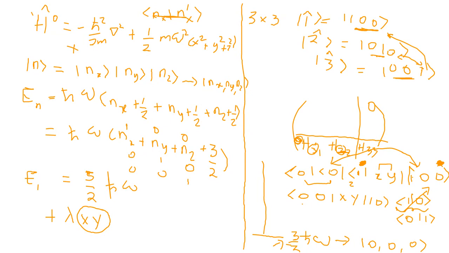So your matrix then will look like 0 0 on top, 0 0. So the only thing that you'll have to compare is this one, because what happens when you have 3 and 3 is that you have x y there, 0 0 0, and then you have 0 0 1.